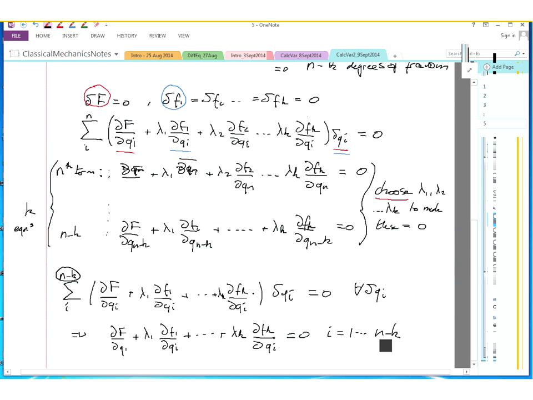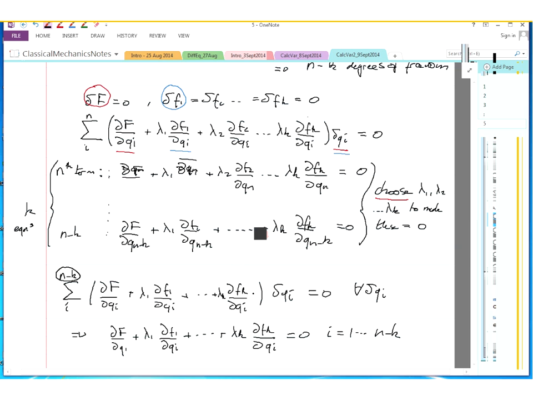Here we have n minus k equations. So we have a total of n equations and n plus k unknowns, because we also have the lambdas that are unknown. But then we have the k constraint equations, and so we really do have n plus k unknowns and n plus k equations.